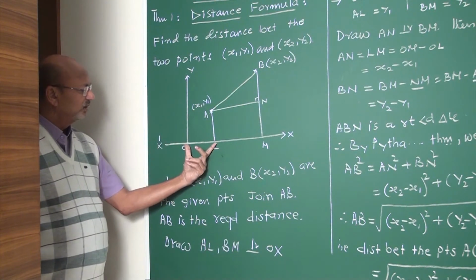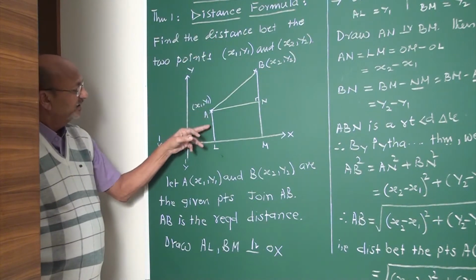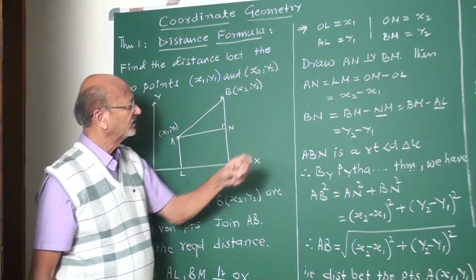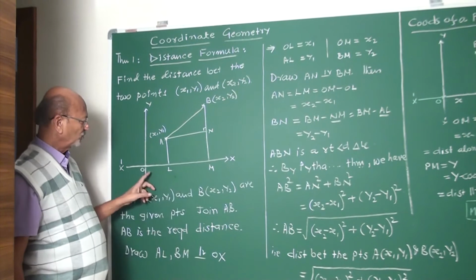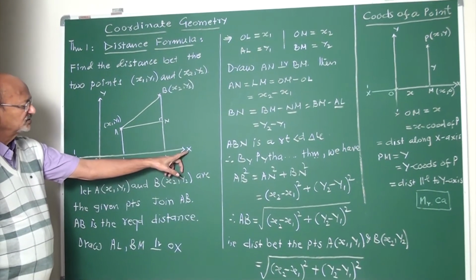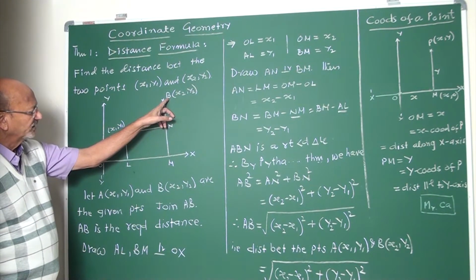So I have written OL equal to x1 and AL equal to y1. Next, BM perpendicular to the x-axis, you have two distances. One is OM, a distance along the x-axis, which gives the x coordinate of B.